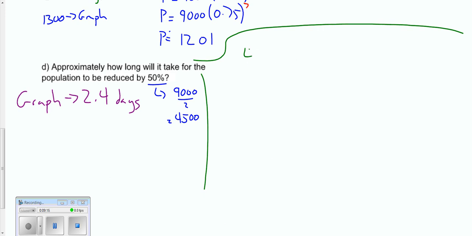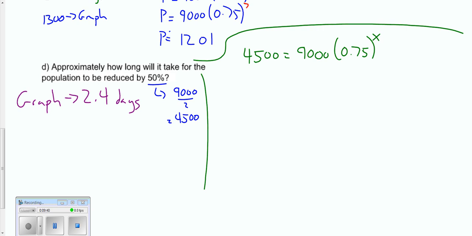And I want to know when we get to that final population. So I'm going to plug in that population of 4,500 into the original equation. Okay, so I've got 9,000 times 0.75 to the exponent x. So I don't know what that exponent is going to be.